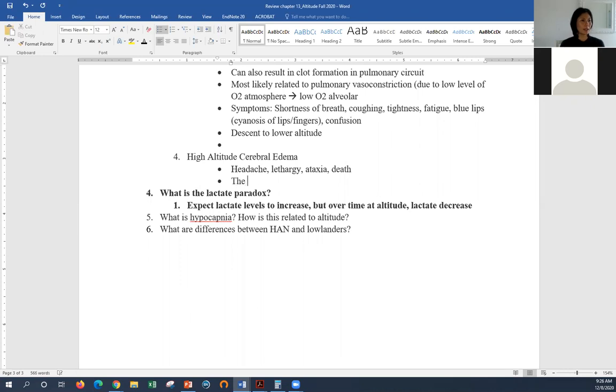The treatment for this would be descent. For all of these symptoms or these illnesses, you could give supplemental oxygen, but it's only going to be temporary, right, for the time that they are receiving supplemental oxygen. And if there's any sort of exercise or walking, the symptoms will get worse. So descent is always the recommended treatment or solution.